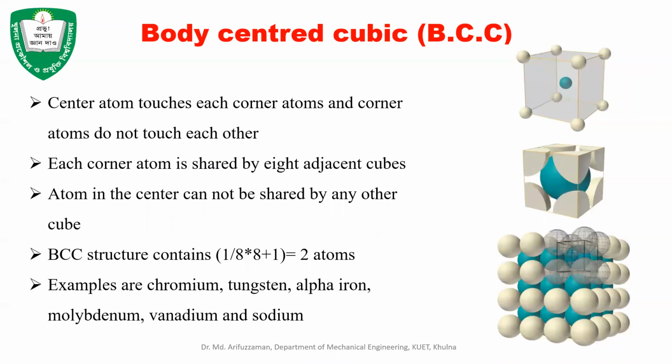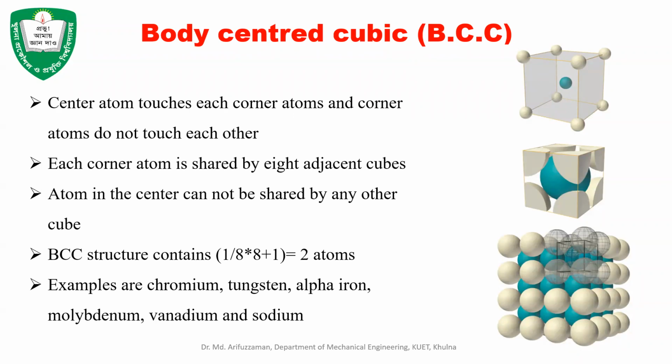So in the case of body-centered cubic, there are 8 atoms around, in the corners, but if you make it a unit cell, each corner will contain 1/8 of an atom.